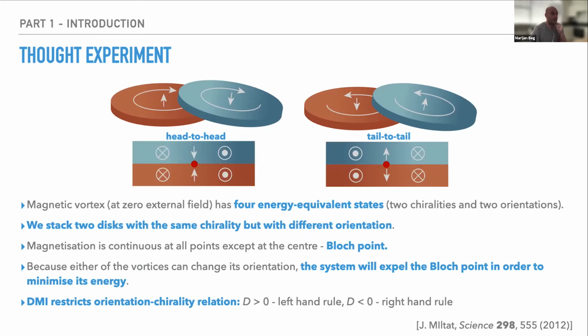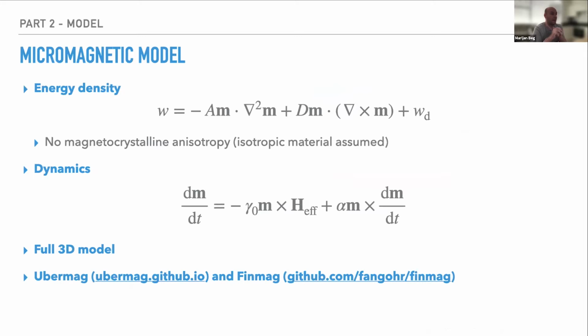To study our hypothesis, we started with a very simple model. Our energy density contains only isotropic exchange, DMI in its bulk form, and the demagnetization field. We assume an isotropic material, so there is no magnetocrystalline anisotropy.